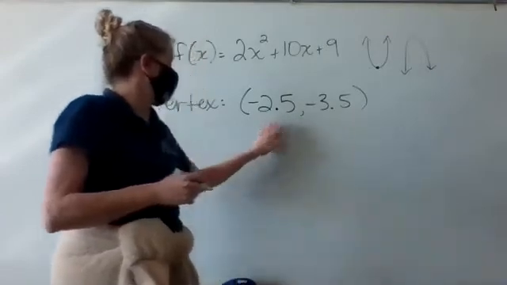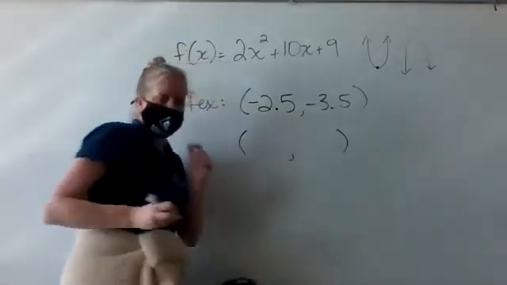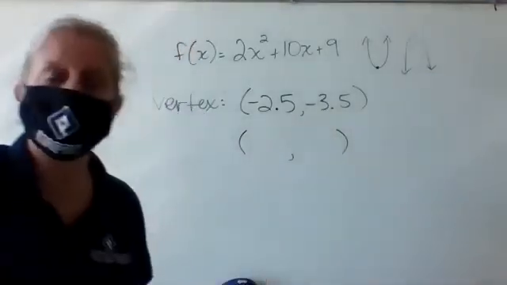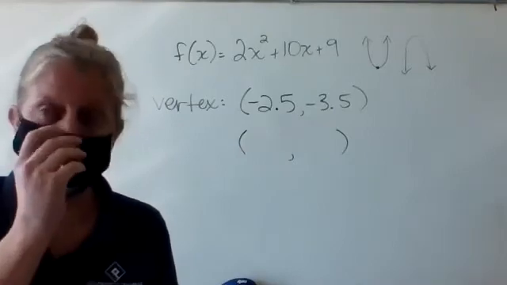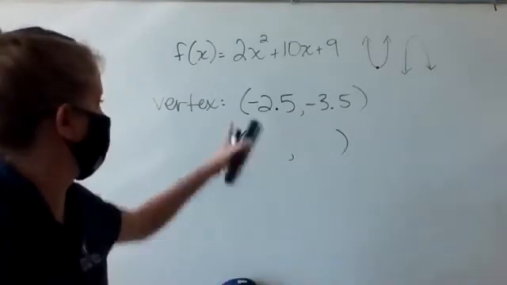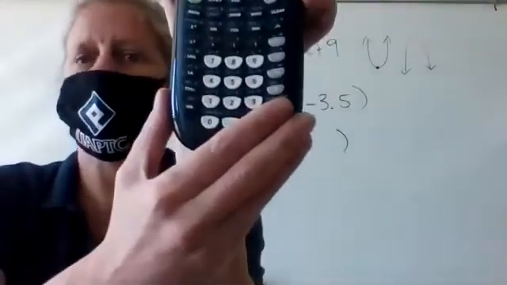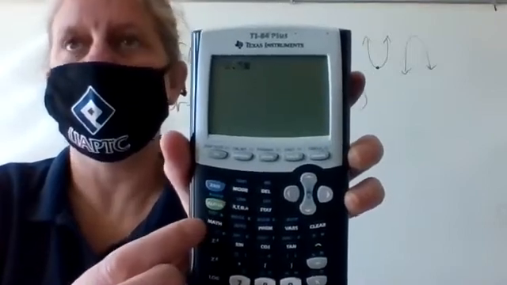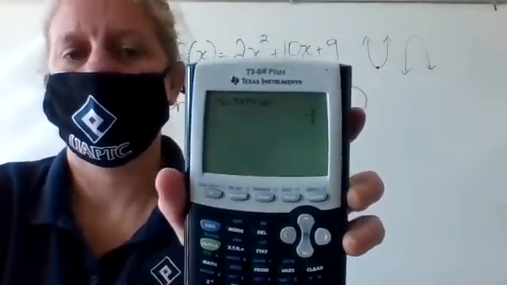You're going to want to see it in decimal, but when you type the answer into MATLAB for the Vertex question, it's going to want those as fractions, which means what are you going to do? Just type in negative 2.5 on your home screen and then hit Math, Enter.